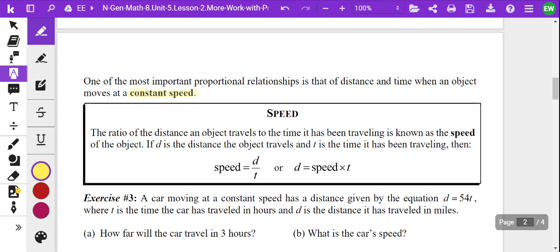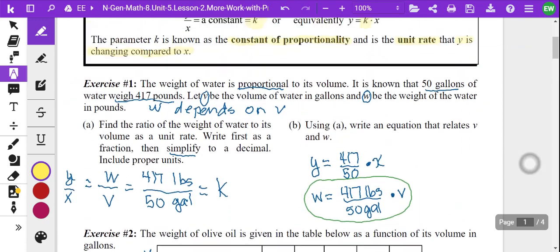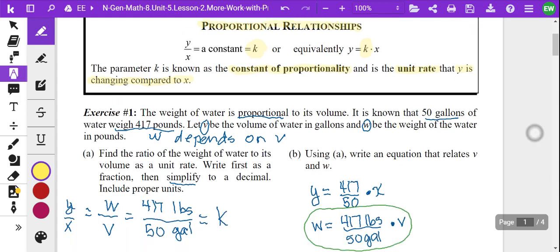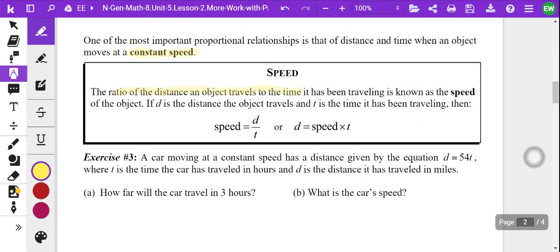And the ratio of the distance an object travels to the time is known as the speed of an object. So if d is the distance, t is the time it's been traveling, then speed is distance over time. So if we go back here and look at our dependent and independent, y over x equals k. So speed is our constant.